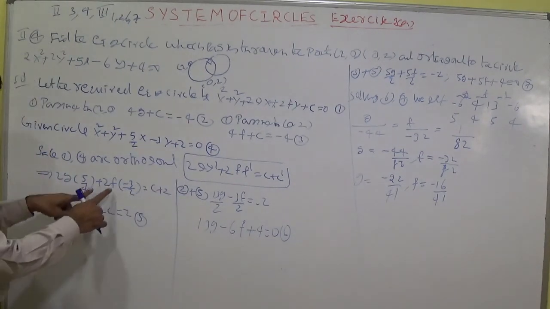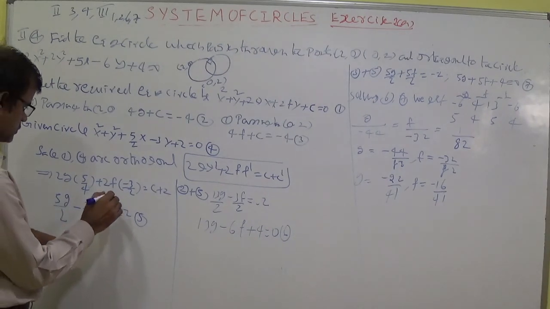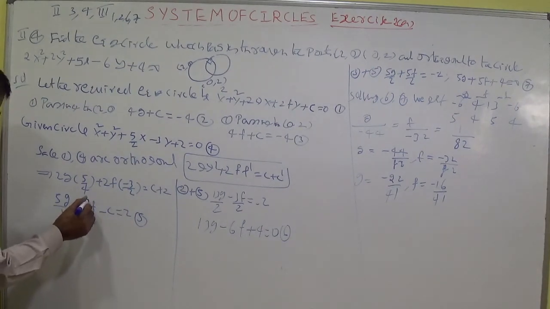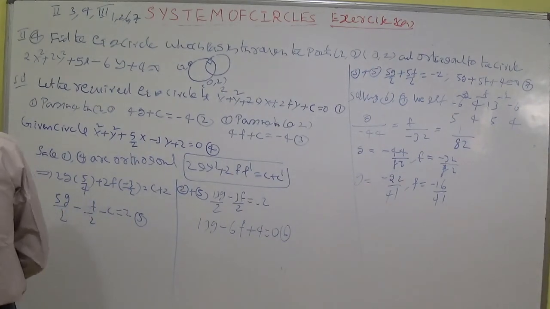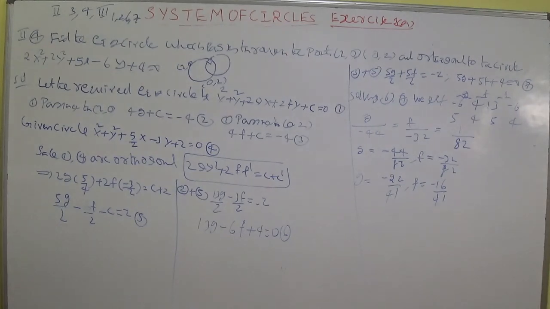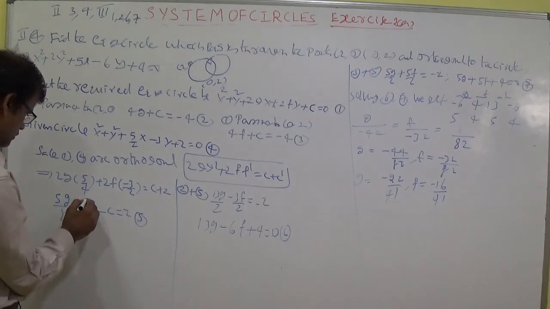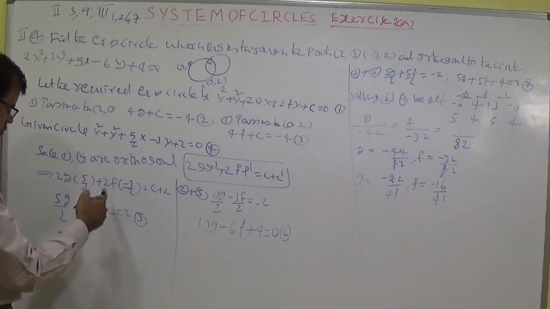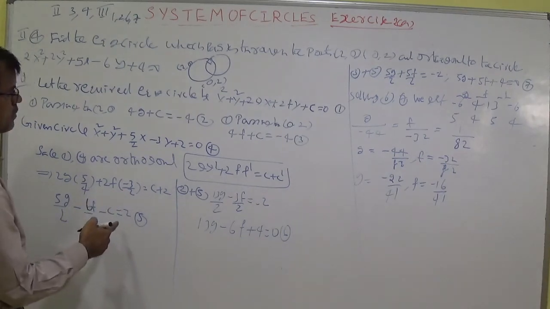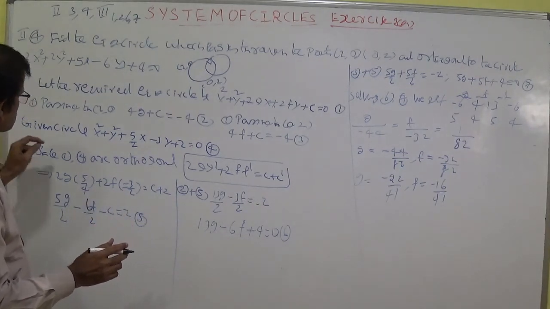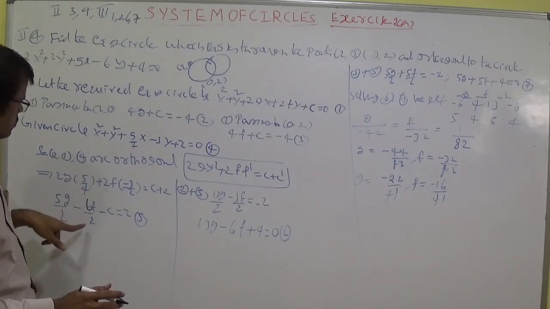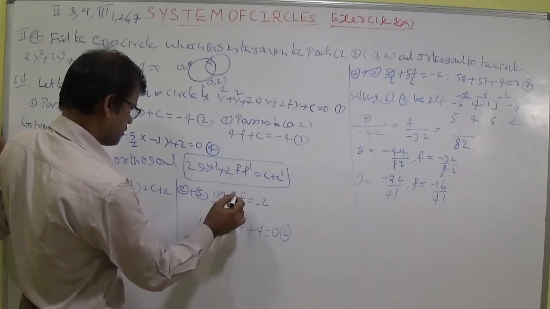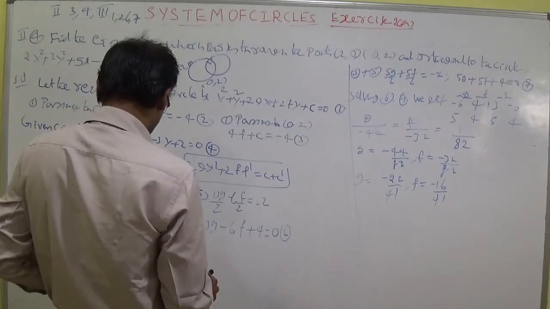This is 5g by 2 minus, here we got, this is 6f by 2, not 3f by 2. 6f by 2 minus c equal to 0, because 2 into 2, 2 into 3 is 6f by 2. So this is not minus 3f by 2, minus 6f by 2 is equal to minus 2.